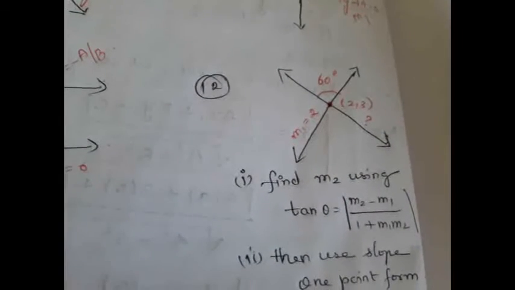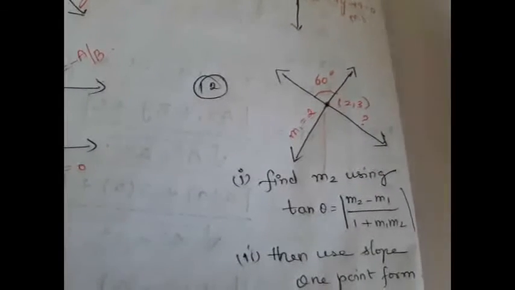So tan 60 is equal to modulus of (m2 minus m1, we know 2) divided by (1 plus 2 m2). Right? What is tan 60? tan 60 is root 3. Substitute the values here and simplify it, you can find m2.